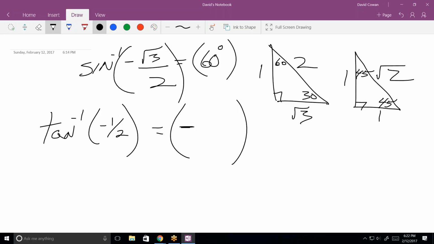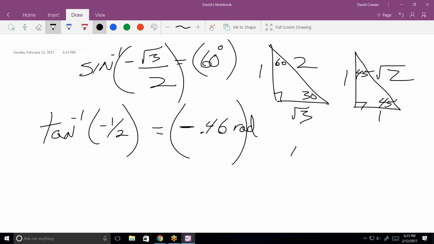Right. And like I said, we've already done one problem on your calculator and it was clear you were in radians. So what does this give you? Negative 0.46. And that's radians. And that's fourth quadrant.